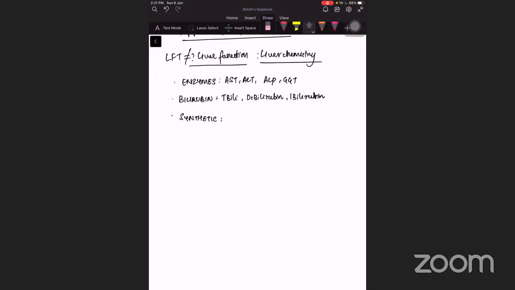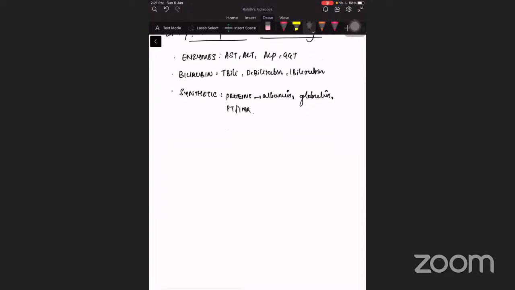Synthetic functions, mainly it produces the proteins, especially vitamin K dependent clotting factors as well. So in protein, we look at the albumin levels, the globulin levels, and PTINR, which represents the vitamin K dependent clotting factors. So these are the things that we have whenever we are looking at the liver.